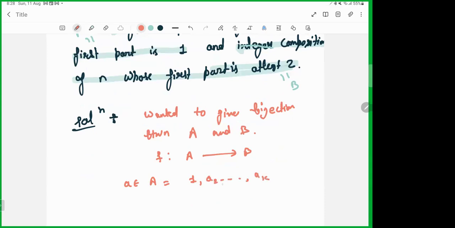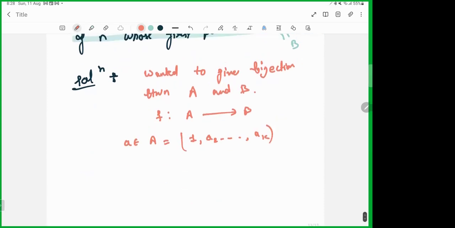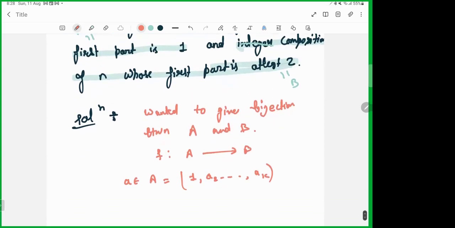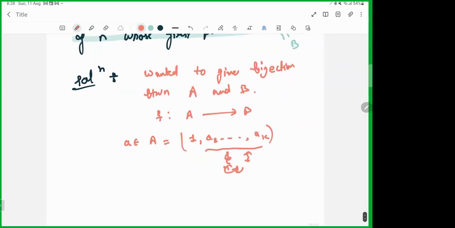So this has a bijection with integer compositions of n minus 1.